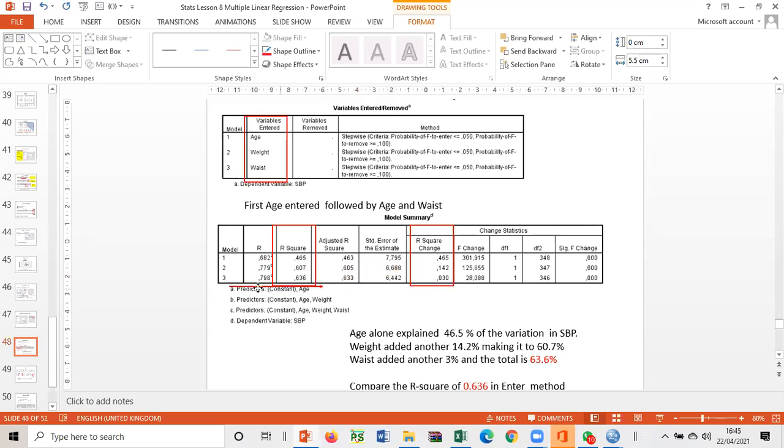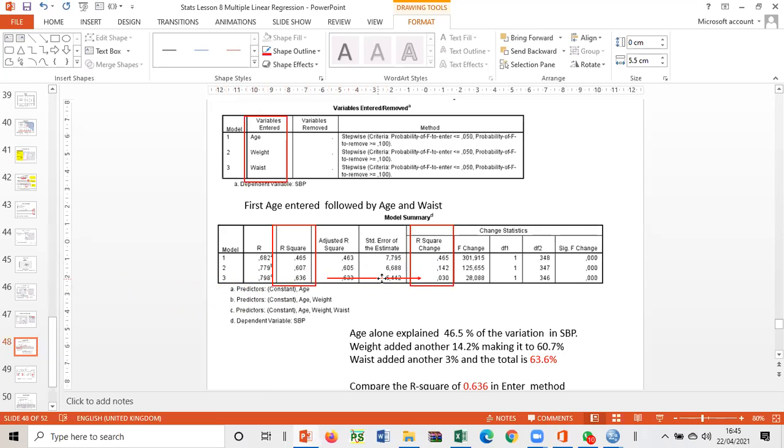Yes. Next variable, model 3, refers to age, weight, and waist. The 3 explain how much? 0.6, 63.6%.